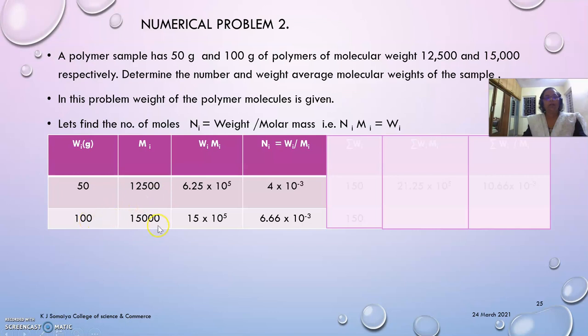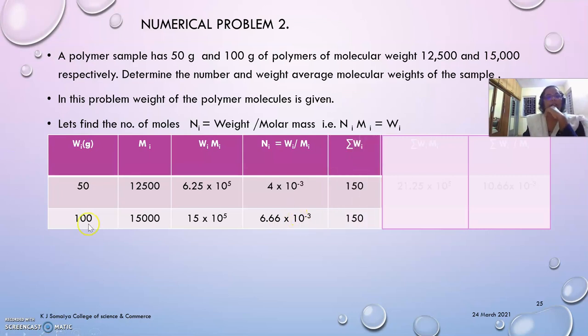Then 100 divided by 15,000. So that becomes 66.66 into 10 raised to minus 3.